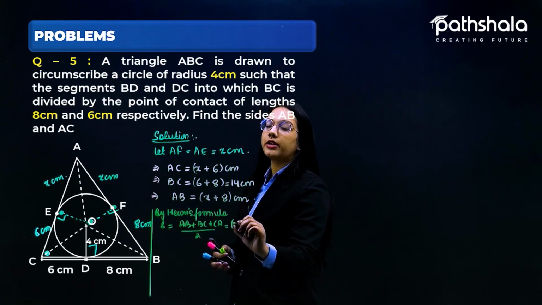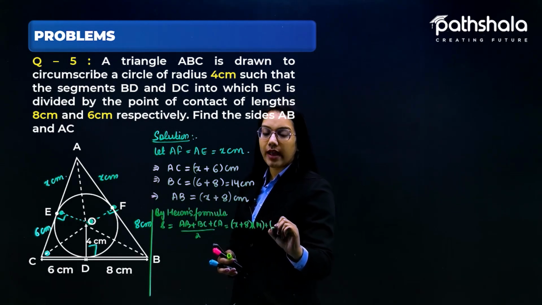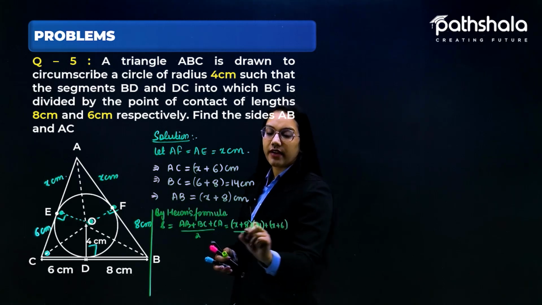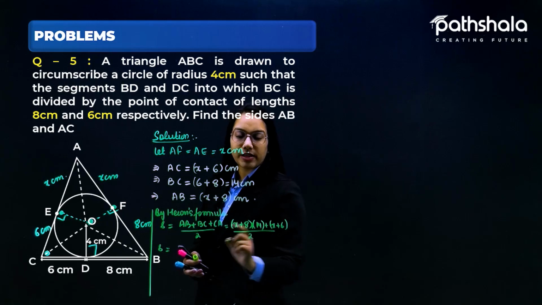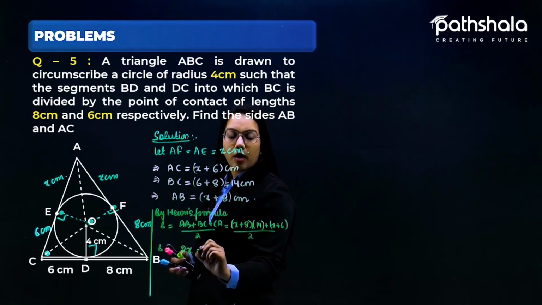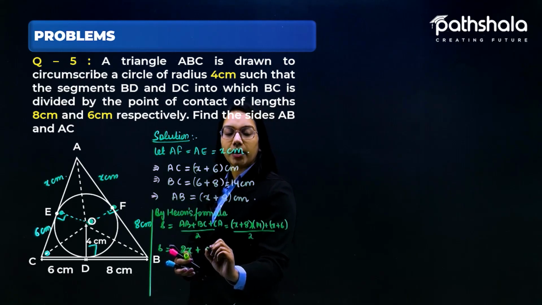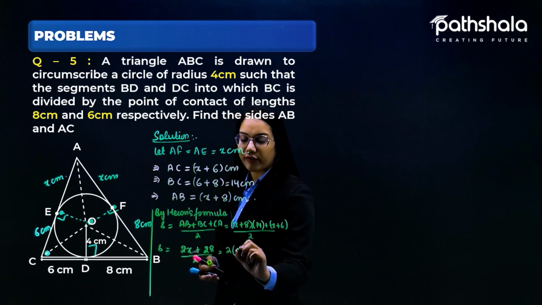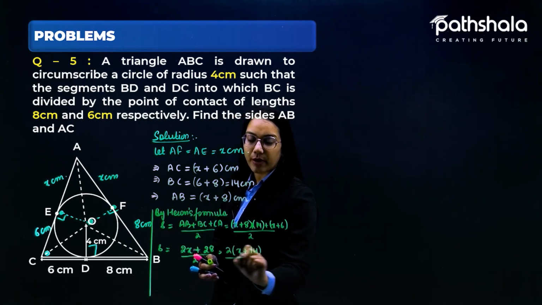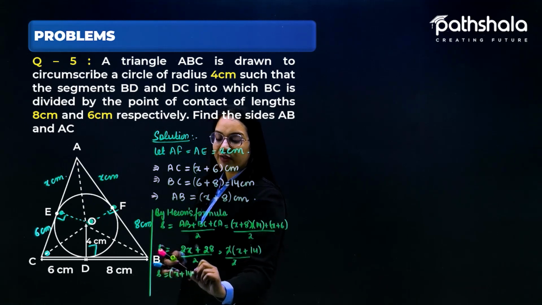AB is x plus 8, BC is 14, and CA is x plus 6, divided by 2. So S comes out to be x plus x, which is 2x, plus 14 plus 14, which is 28, divided by 2. If I take 2 common out of it, this would be x plus 14 divided by 2. 2 and 2 get cancelled, so the semi-perimeter comes out to be x plus 14.